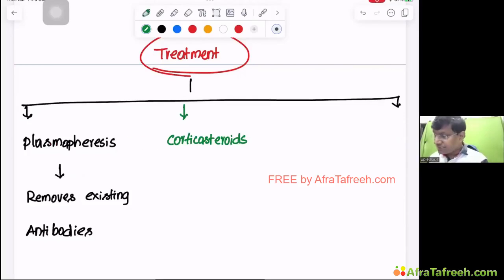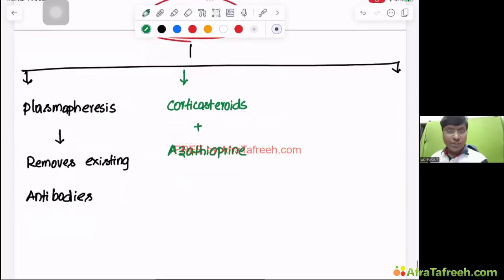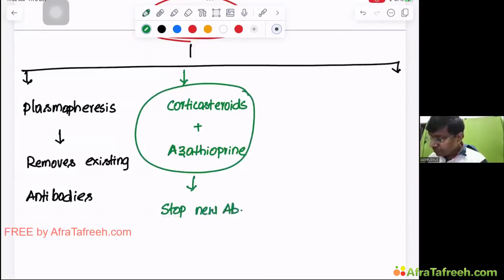And these corticosteroids should be given simultaneously in combination with azathioprine. So this combination will stop new antibody formation.